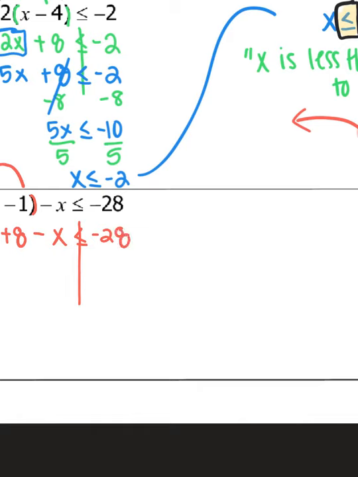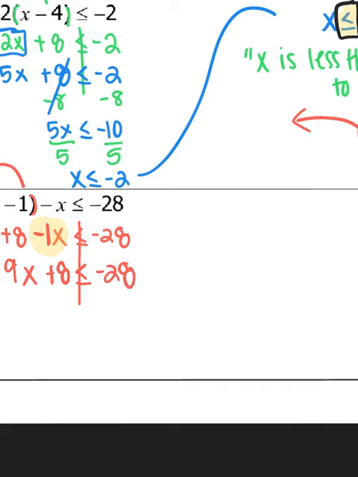I am going to combine like terms. I can combine this negative 8x with this negative x because they both have an x on them. And I will get negative, now remember, a negative 8, and then this is really a negative 1, gives me negative 9. Please use your calculator. And get negative 9x plus 8 is less than or equal to negative 28.